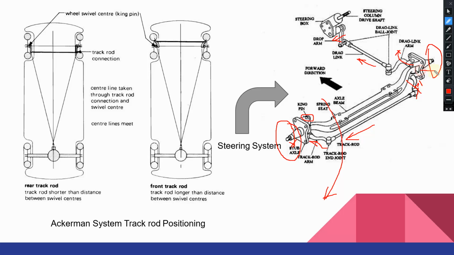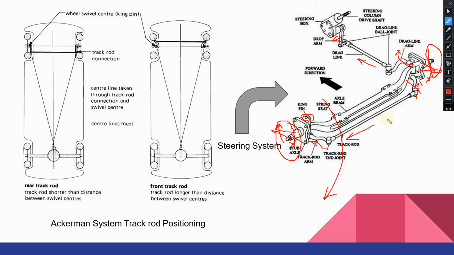So now the stub axle direction will be like this. Similarly, the stub axle at this point will be turned through a small angle in this direction. The same movement is transmitted to the stub axle at this point also.